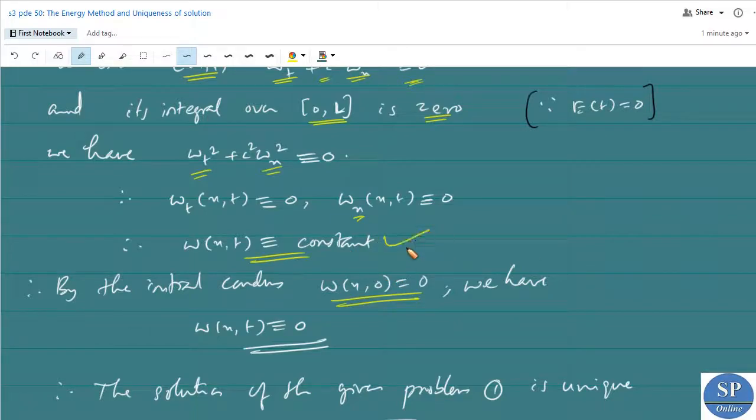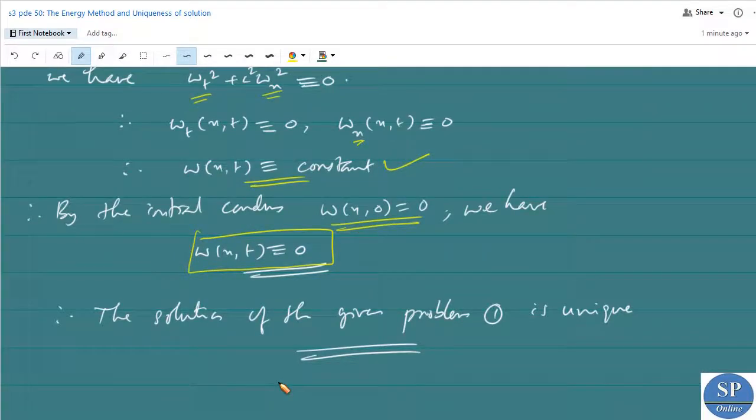Therefore, since w is a constant, w(x,t) is equal to 0. That means we obtained the zero solution for the corresponding homogeneous differential equation with the homogeneous boundary conditions. Therefore the solution of the given problem 1 is unique.